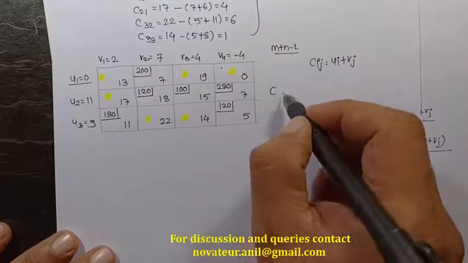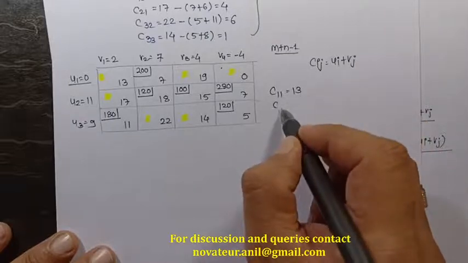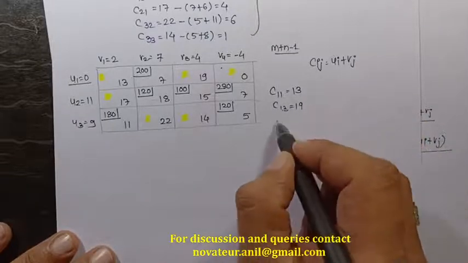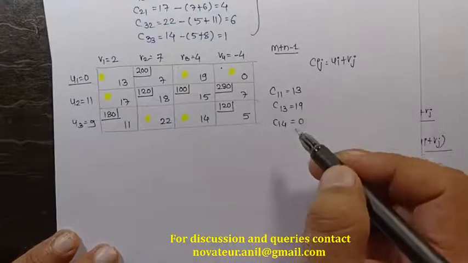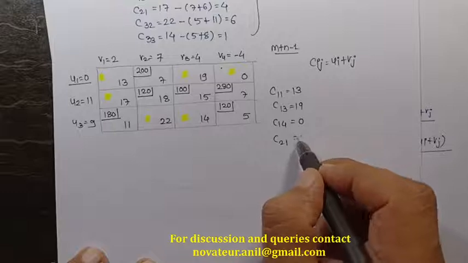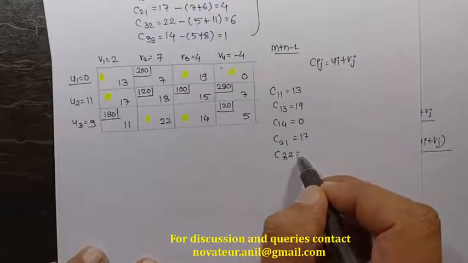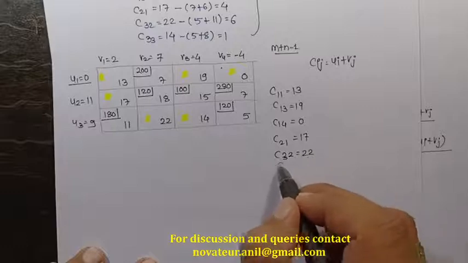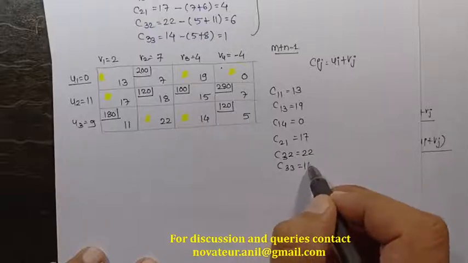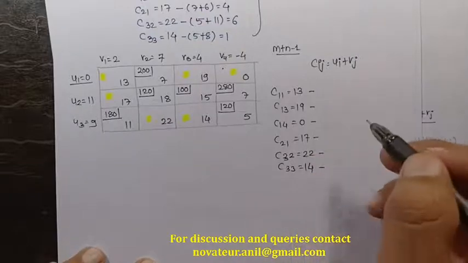C11 the value is 13, C13 the value is 19, C14 the value is 0, C21 the value is 17, C32 the value is 22, and C33 the value is 14. I'm just going to check the corresponding u and v values for the non-assigned cells.